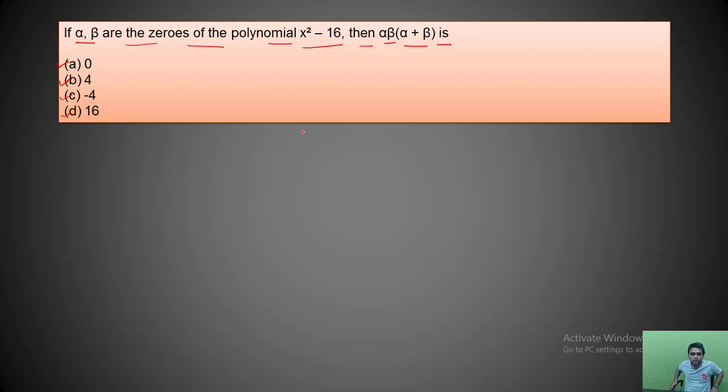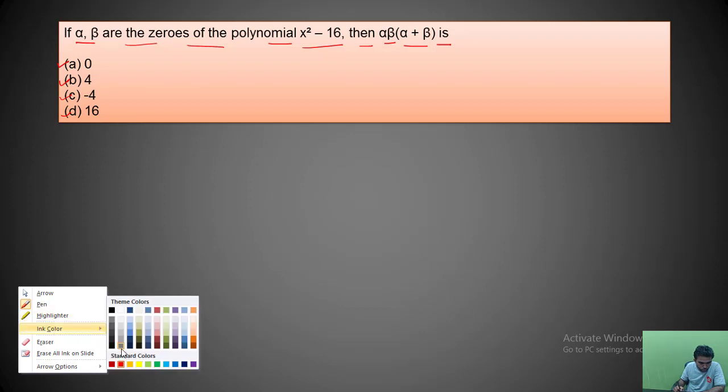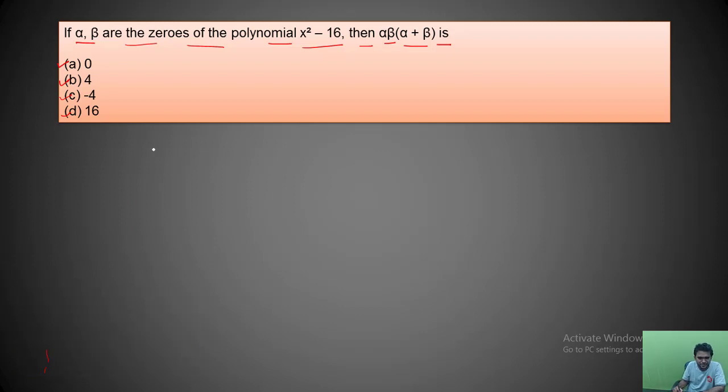So learners, we know that whenever we find the zeros of any polynomial, we equate that polynomial equal to 0, right? We can do the same thing over here also. It is simple actually. I'll start from here. So we have a polynomial x square minus 16 equal to 0. We can simplify it further.